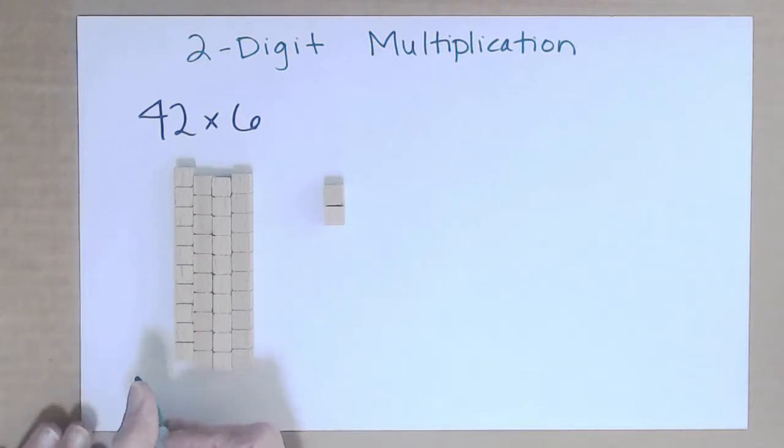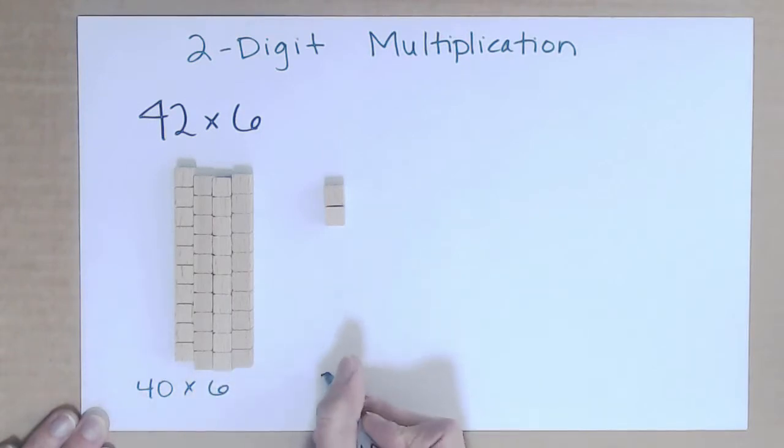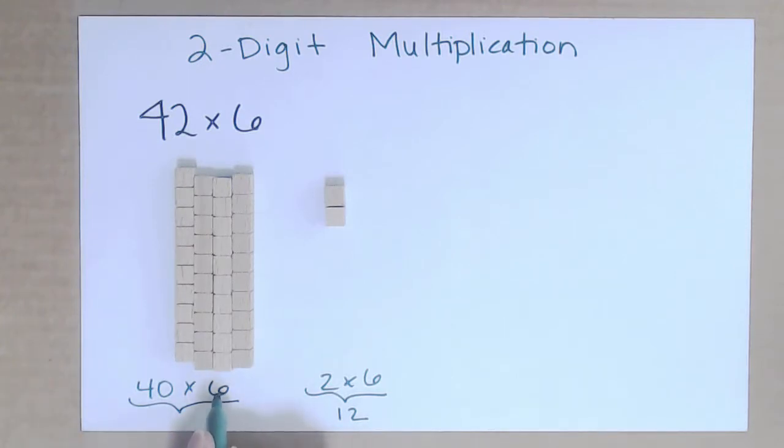So what we end up having is the 40 times 6 and the 2 times 6. 2 times 6 is 12. And then 40 times 6, and you worked on this skill already, where you can do 6 times 4 is 24, and then add your 0, and you get 240.